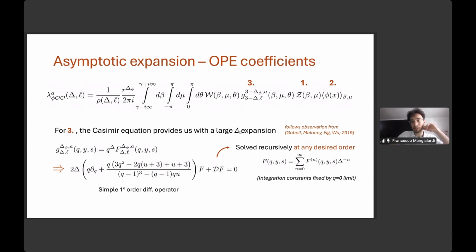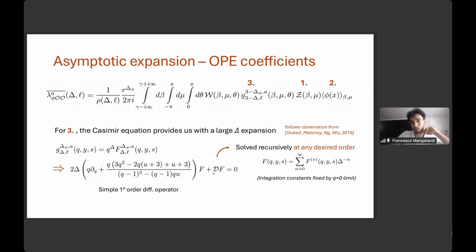In fact, it was already observed in a previous paper that if one extracts from the block the simple prefactor q to the delta, the Casimir equation becomes no more quadratic in delta, but actually linear. And it assumes this simple form, where you can see that the term which is linear in delta is actually a simple first-order differential operator. There is just a single derivative in q here.